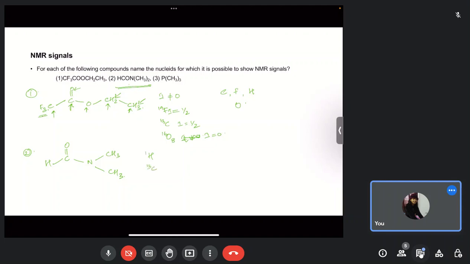What about carbon? Nitrogen? The most abundant isotope of nitrogen is N14. So will N14 show a signal?